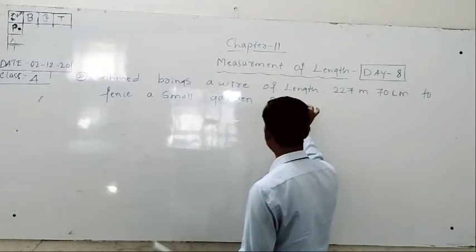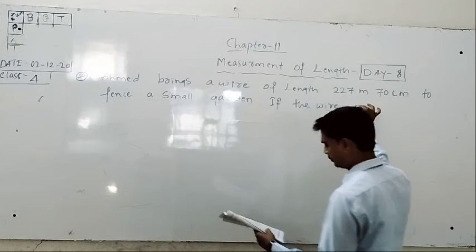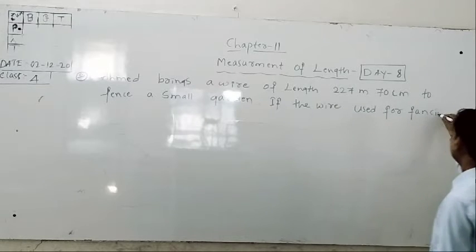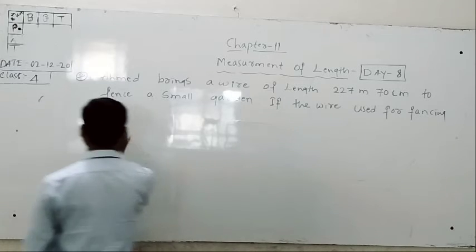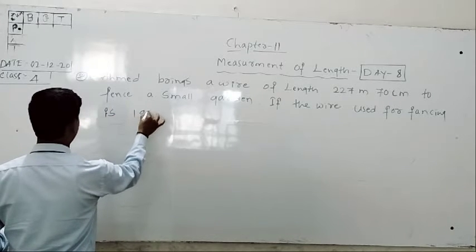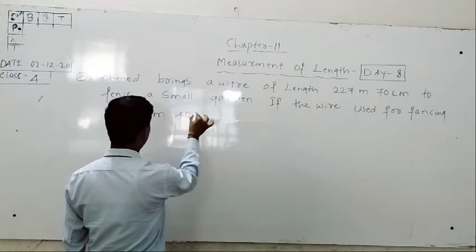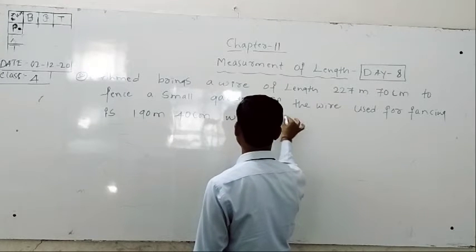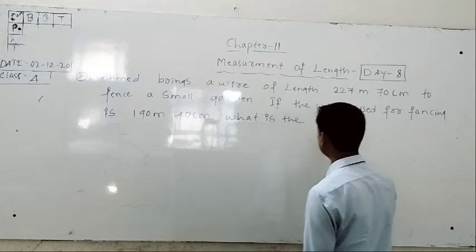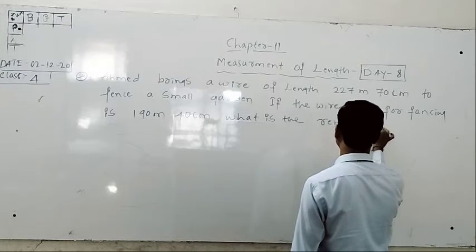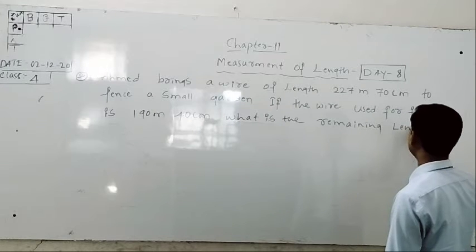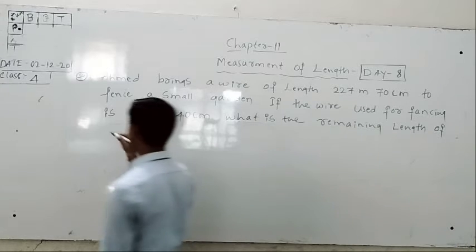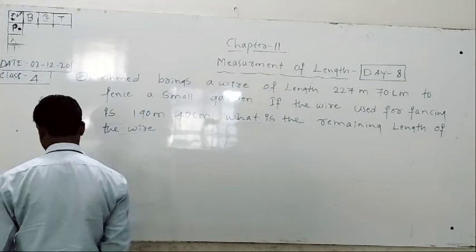If the wire used for fencing is 190 meters 40 centimeters, what is the remaining length of the wire?